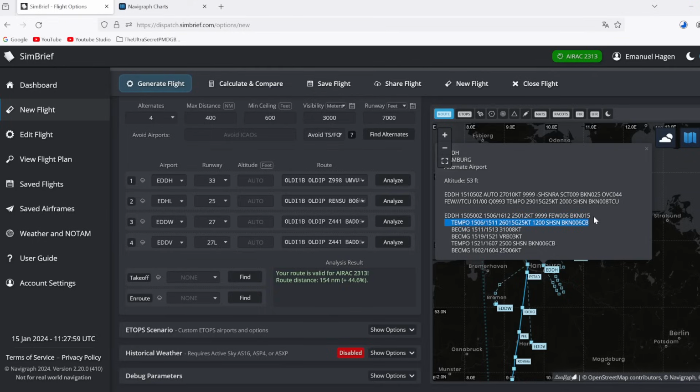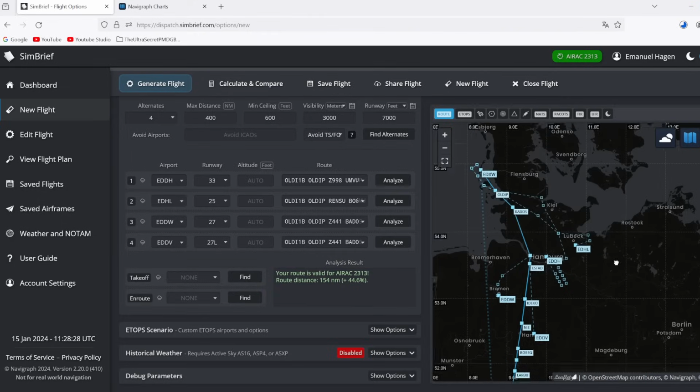And even if we want to be conservative, if we go down here and take that tempo weather, even though we are forecast to arrive later than this, just to be conservative, we still have 1200 meters visibility forecast, so that's more than the 850 required. And we've got broken clouds at 600 with CAVOK, which still is more than the required 400-foot minima. In other words, Hamburg is legal to be used as an alternate.